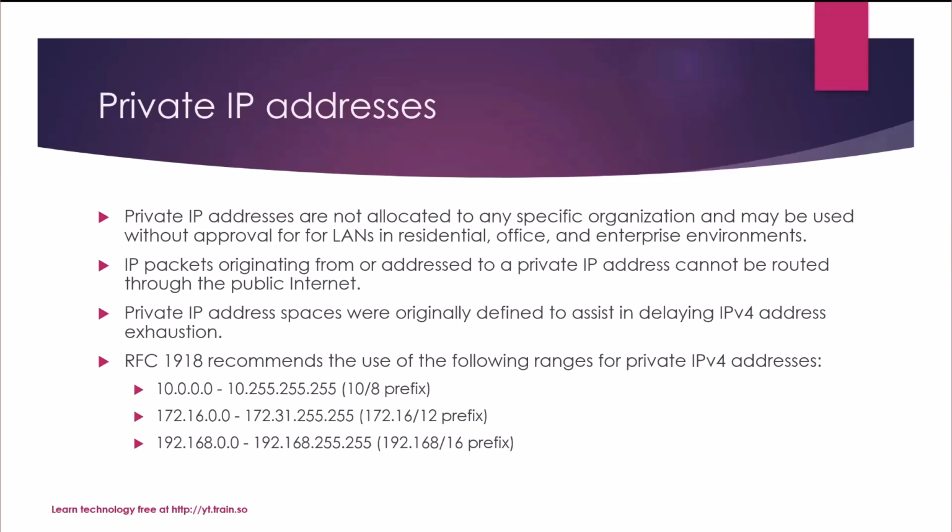So which is the largest range out of these three? Okay, yeah, 10/8. So whenever you are doing ipconfig or checking within your machine, you might see one of these. But if you go to internet and check for what is my IP address, then you will see a public IP address. That translation happens before you actually go to the public internet.